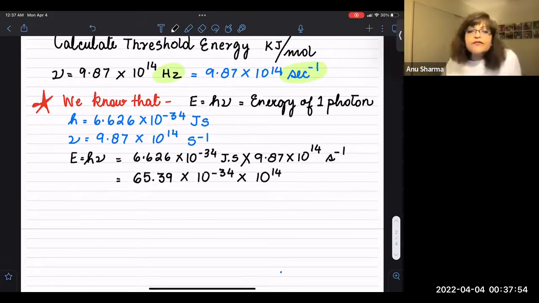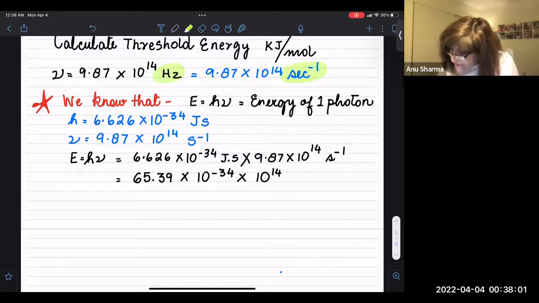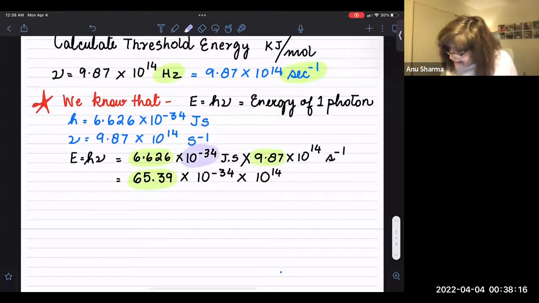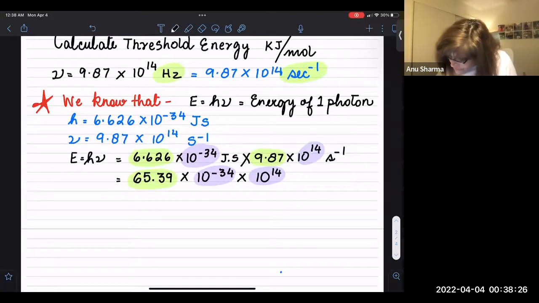Just for the sake of convenience in calculations, I multiplied 6.626 by 9.87 and you get 65.39. Next, we're going to look at the 10 to the power -34 and 10 to the power 14. So -34 plus 14, and we will just keep it as it is, we don't move the decimals.